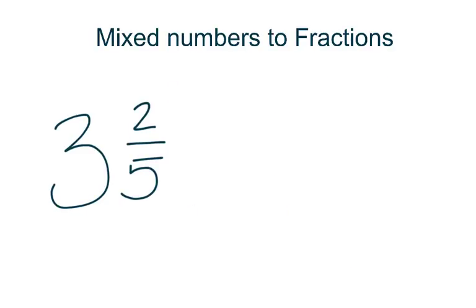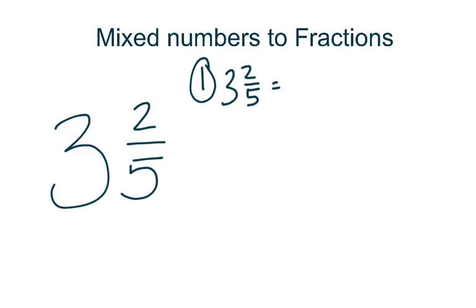All right, next thing we talked about was taking our mixed numbers and turning them into fractions, and then we turned fractions back into mixed numbers. Now there were two different options that we could use to do this. Option number 1, we would take our 3 2/5 and we would pull out our wholes.